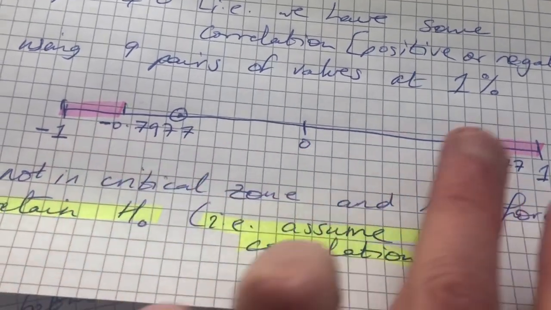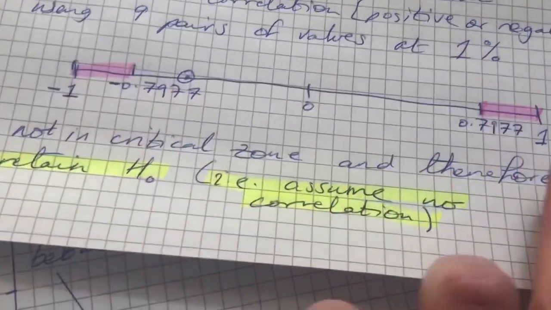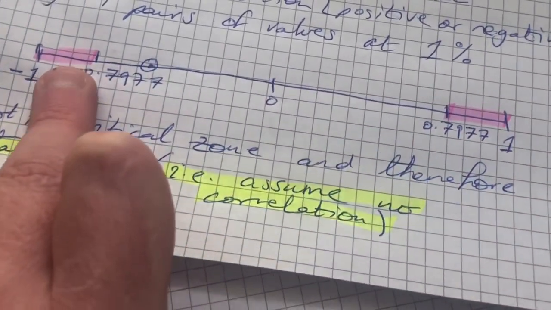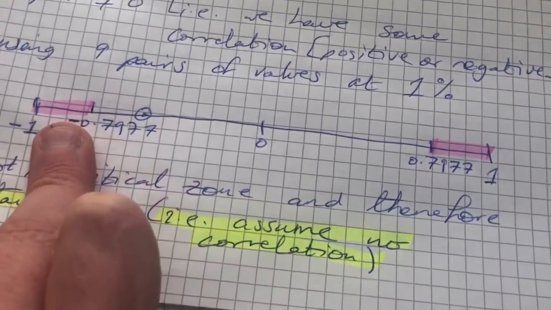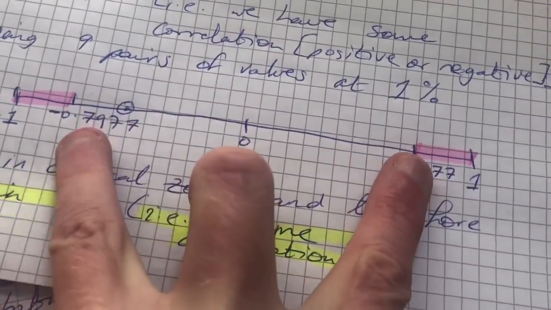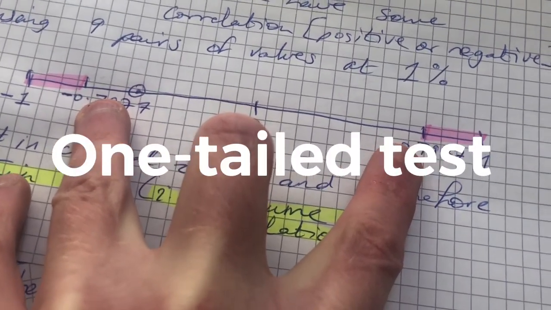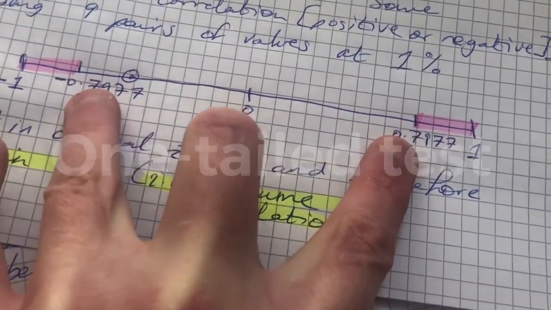If we're going to 1%, then we split it up into 2 0.5% at either end of the correlation coefficient range. That's what's known as a two-tailed test. The other ones are one-tailed tests. So it's a two-tailed test here.